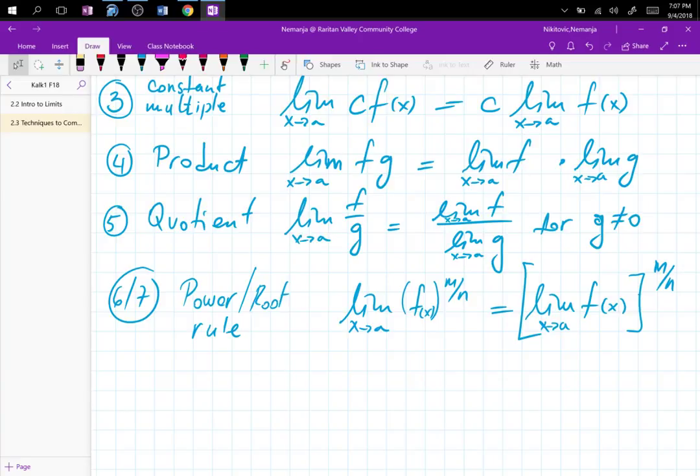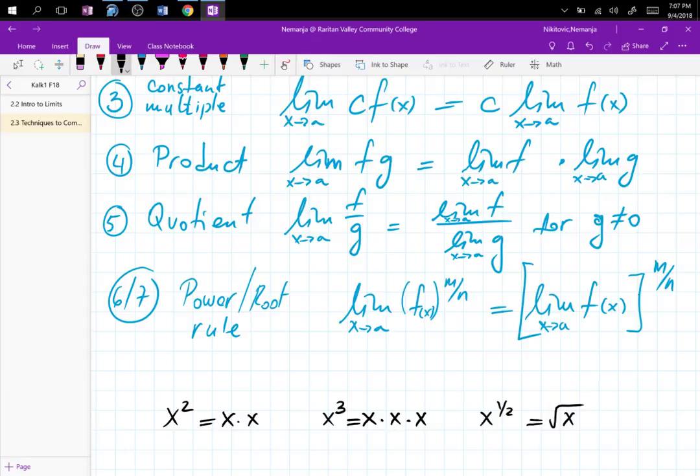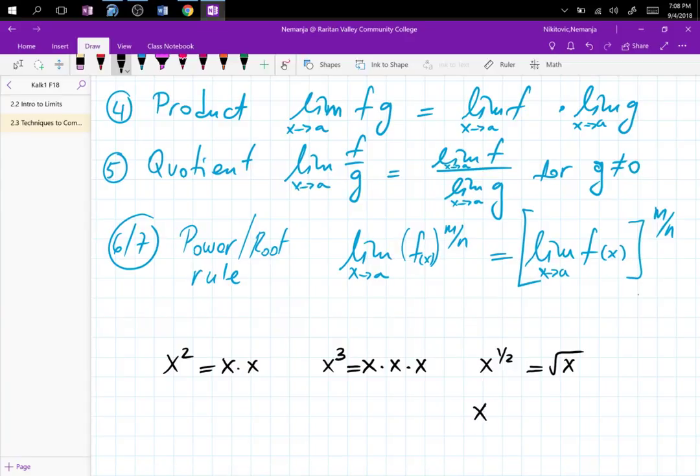If you are not remembering algebra, I'll remind you that x squared is x times x, that x cubed is x times x times x, that x to the 1/2 is the square root of x, and that x to the n is x times x times x times dot dot dot times x, n times.